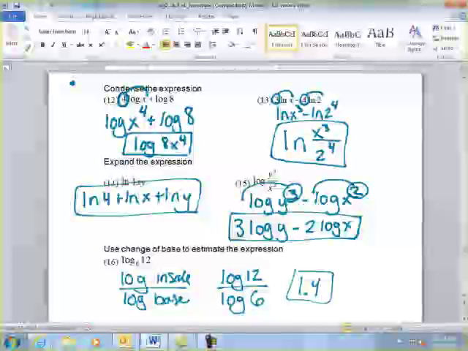If these pages were slightly uncomfortable since it's been so long since we've done it, you will notice at the end of your packet there are 2 more pages of practice of these particular skills. I don't have a copy of the answers to pass out to you, but there is a copy of the answers on both RenWeb under the course documents and on the website where I post the videos under the notes portion.